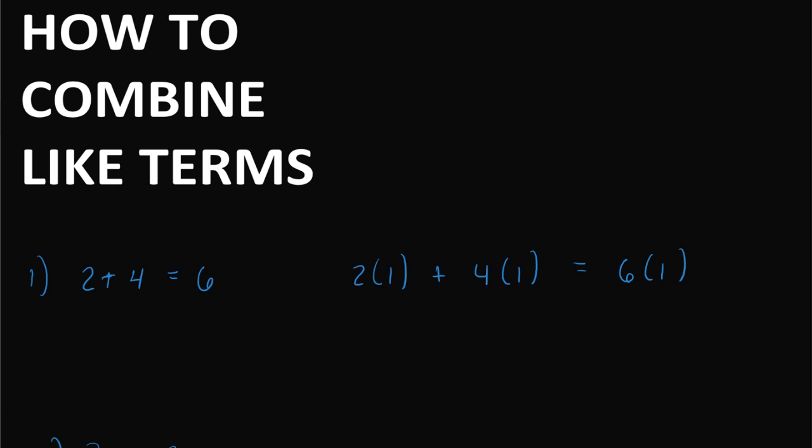Okay, and this might seem a little pointless, but it does help me illustrate the fact that the 2 and the 4 both have a 1 kind of attached to them. It's implied, so if you wrote it there or you erased it, it doesn't change the problem at all. Okay, and in algebra, when you start using variables, you're going to treat variables just like this imaginary 1.